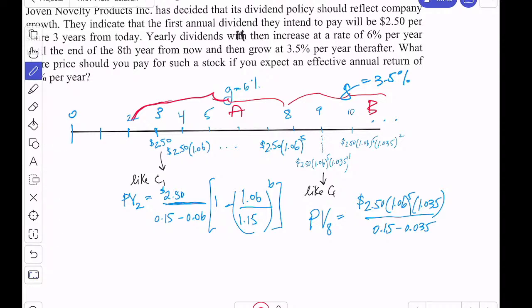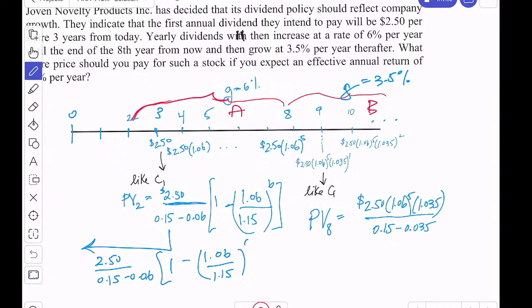So what has to happen now to put this back here, I need to do $2.50. I'm just copying. So that would give me PV part A, discounting 2 periods back.